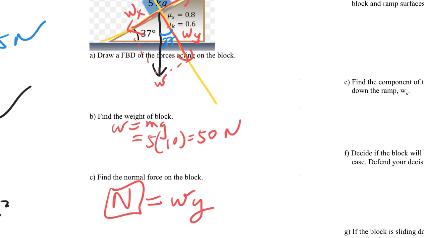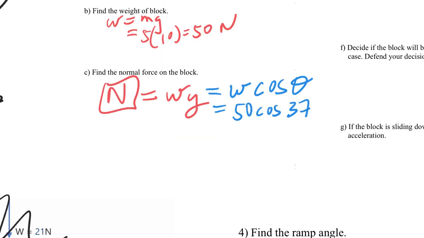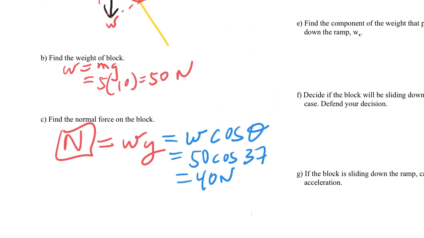So we got to do a flip. WY is W, the weight, times, usually it's sine of theta, but because the angle's from the y-axis instead of the x-axis, we got to do cosine. So that'd be 50 times cosine of 37. I get 39.9, so I'm going to just say 40 newtons. Okay.